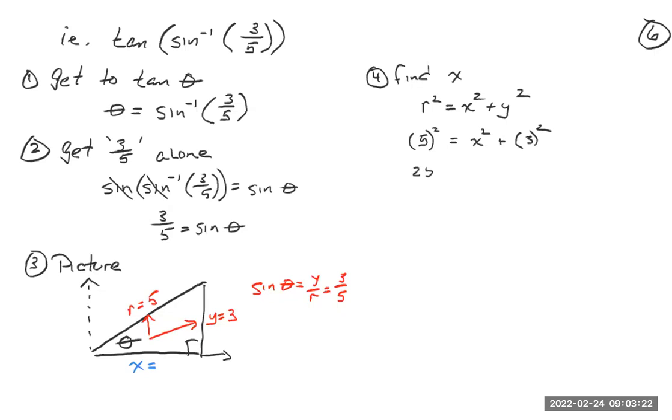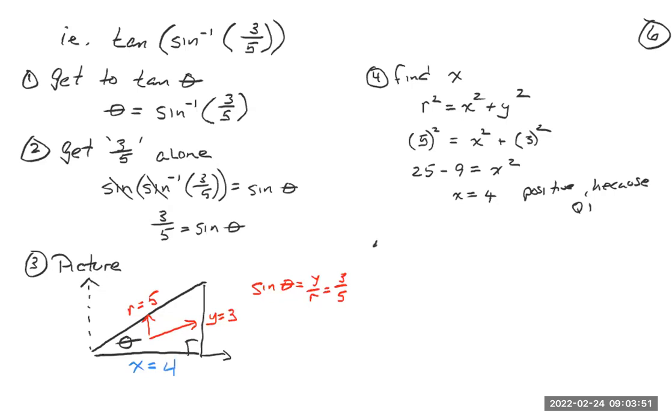So that's 25 minus 9 being x squared, making x equal to 4, right? Positive, because quadrant 1. So now I can come down here and label my x.